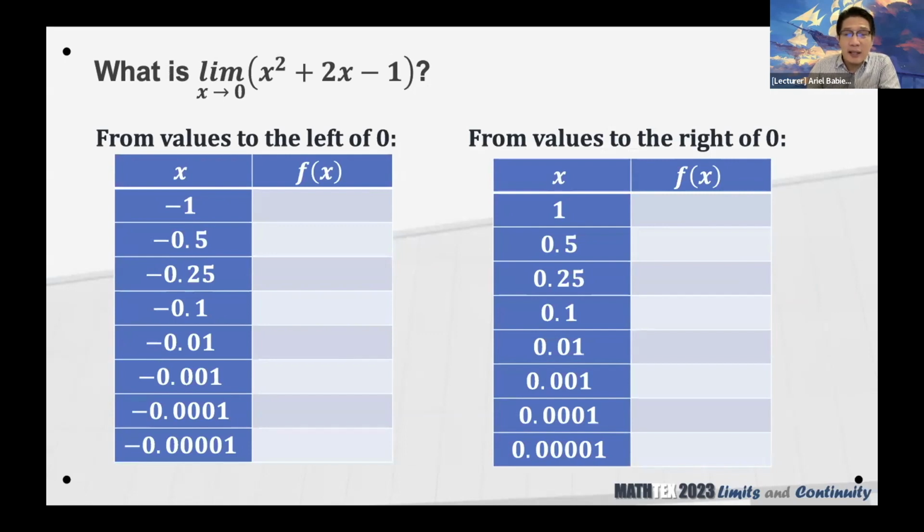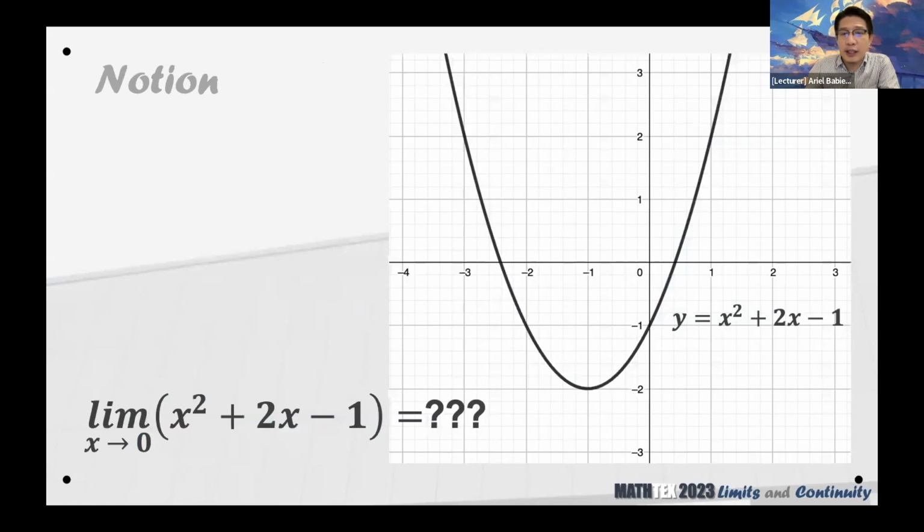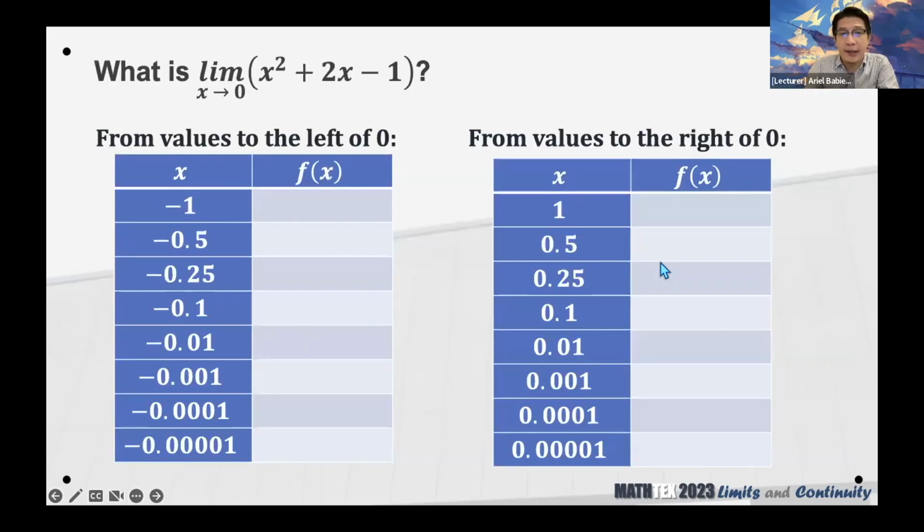Yung ginagawa, we want to look at the behavior of the function as x approaches 0. So the idea is you substitute values of x that goes to 0. So what do we mean goes to 0? You can go to 0 from the left, or you can also go to 0 from the right. That's why, as you can see from the table here, notice, yung nasa left are the values from the left of 0 starting at -1.